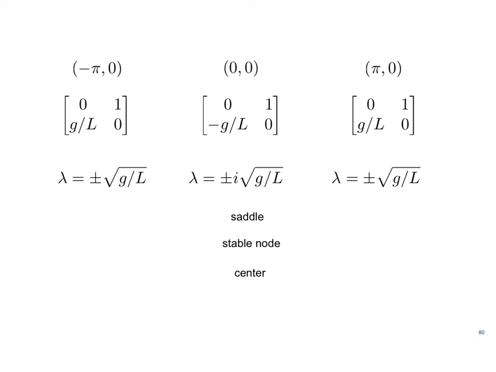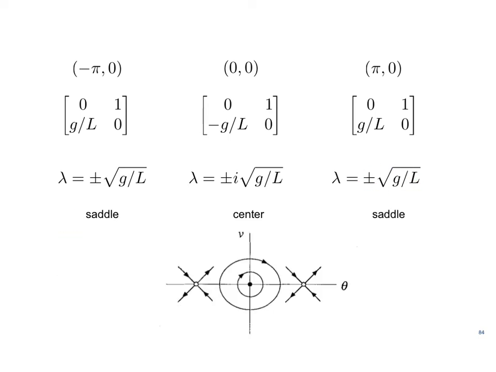Yeah, this is something we already discussed. Then we have a center. In this other case, we have a saddle, because the lambdas are real, but they have different signs, and it's the same case for the other one. So we have a saddle, a center, and a saddle.